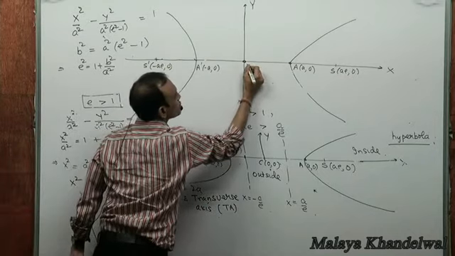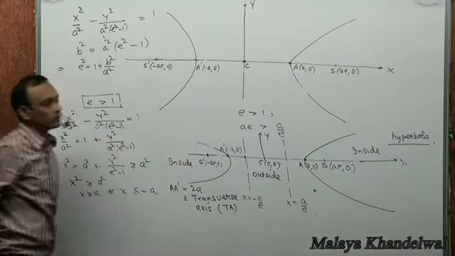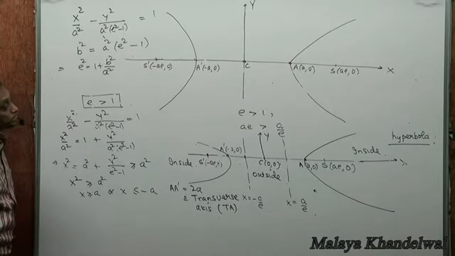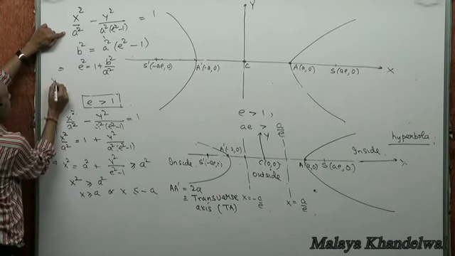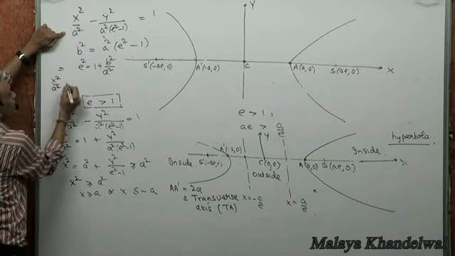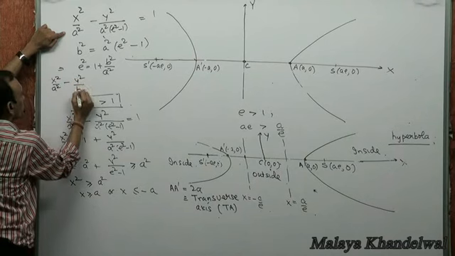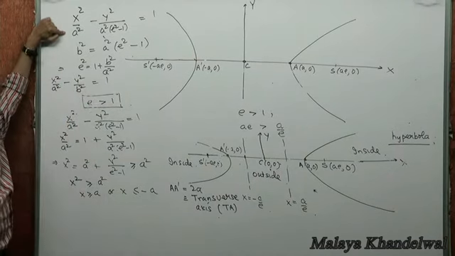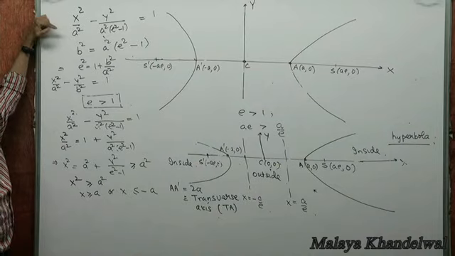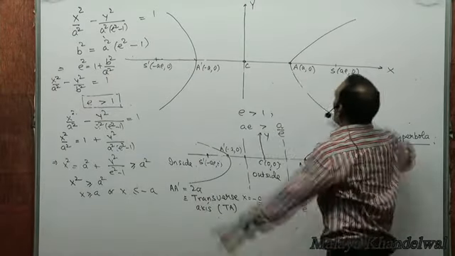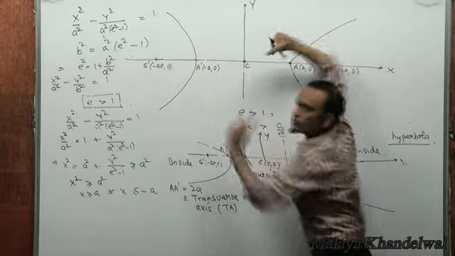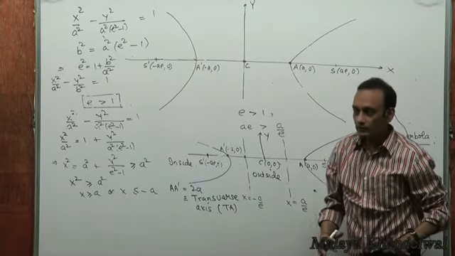The origin is also the center of the hyperbola, right? Now the whole thing can be written as x squared by a squared minus y squared by b squared equal to 1.